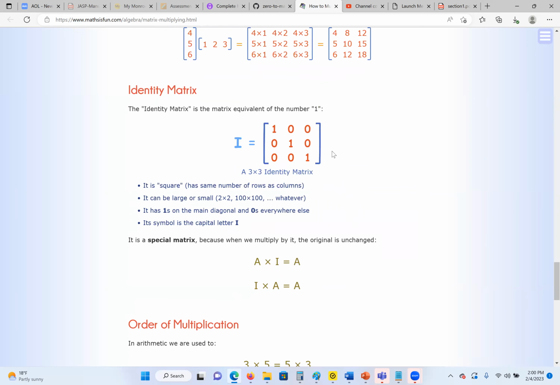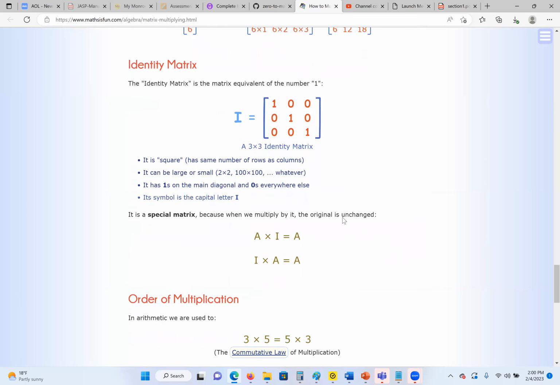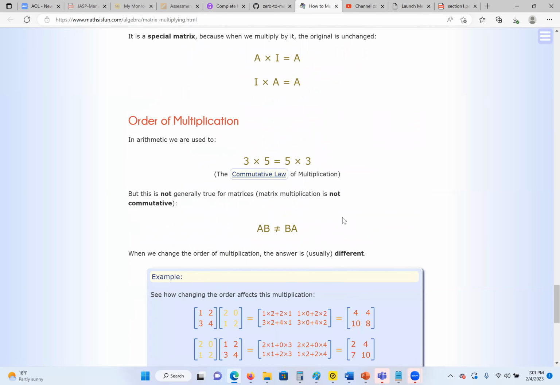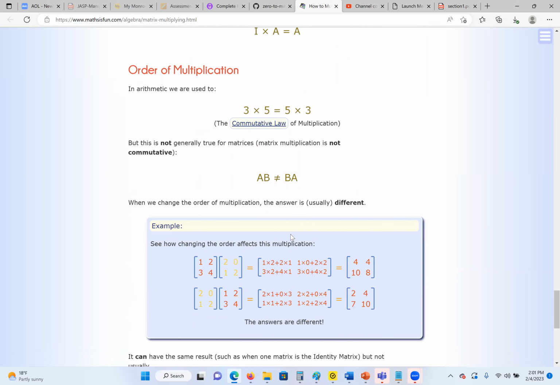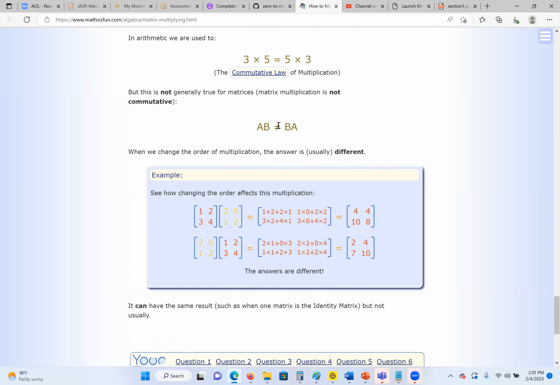Then the rest of the values are 0. And also an identity matrix has to be a square matrix, because if it's not a square matrix, you cannot get a diagonal line. And also the order of operation is the same as regular multiplication.